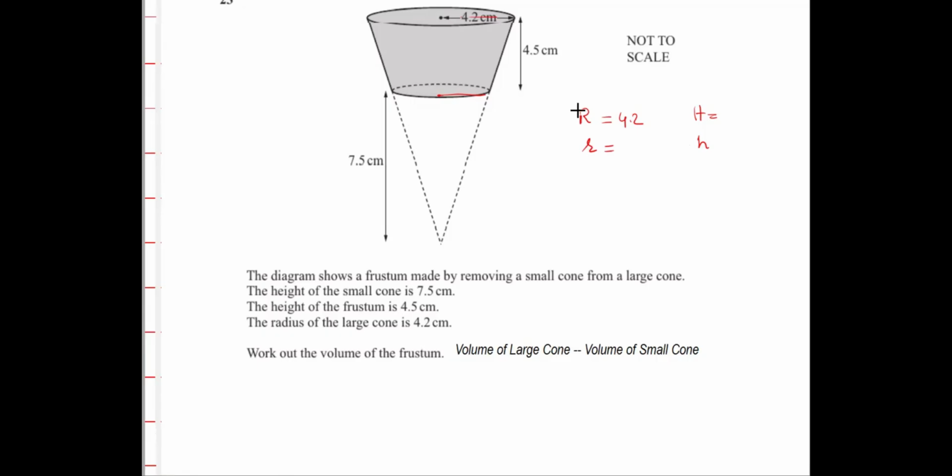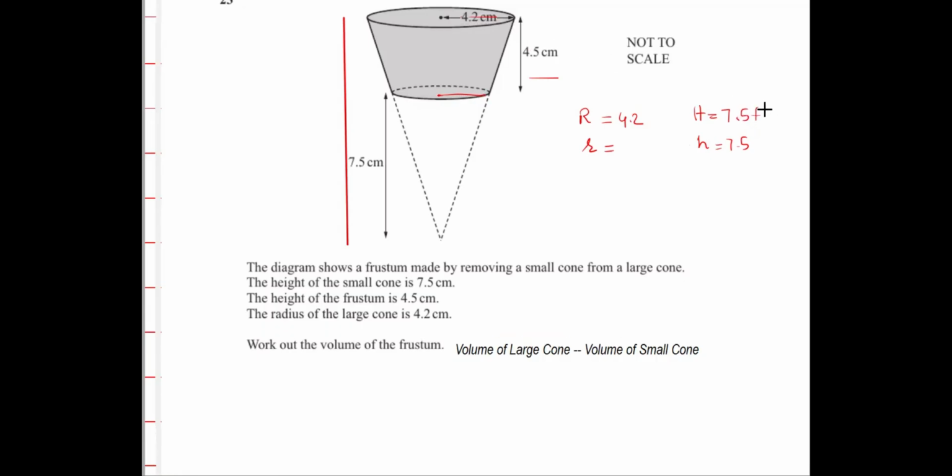Look here, this is the height of large cone and this height will be equal to height of small cone, 7.5, plus height of frustum, 4.5, and therefore the height of large cone will be equal to 12 centimeter and the height of small cone is 7.5.